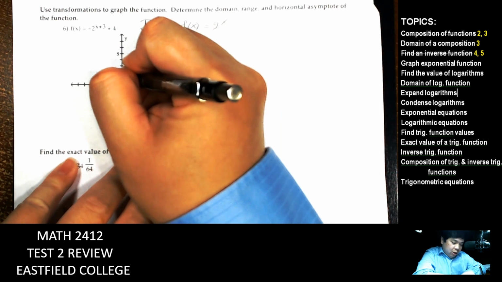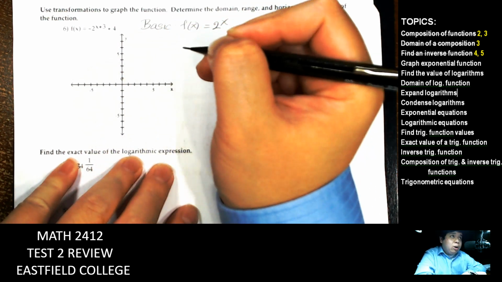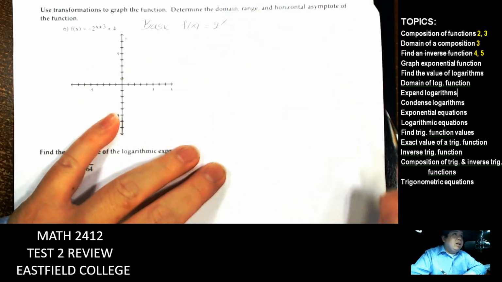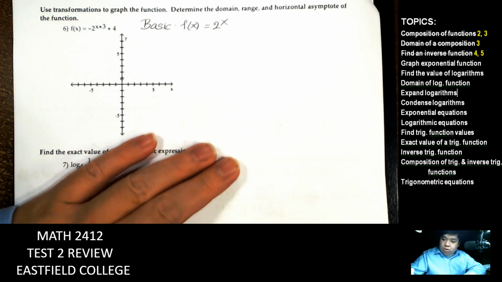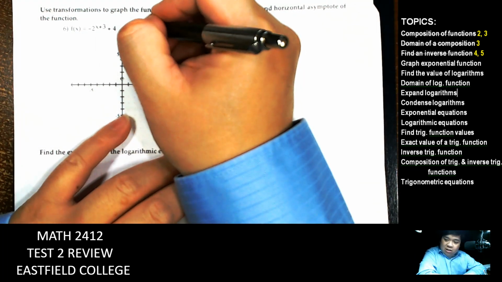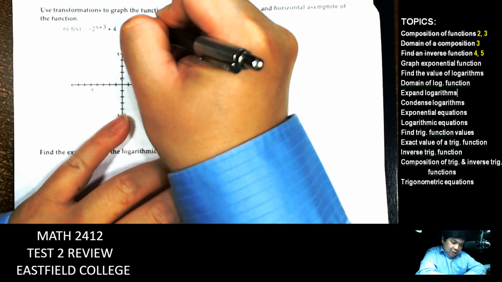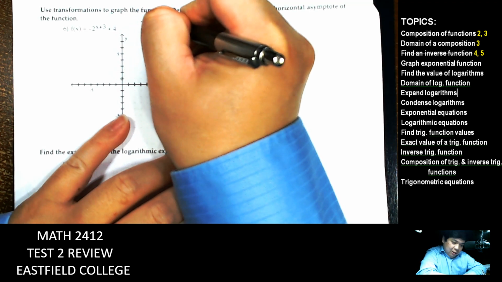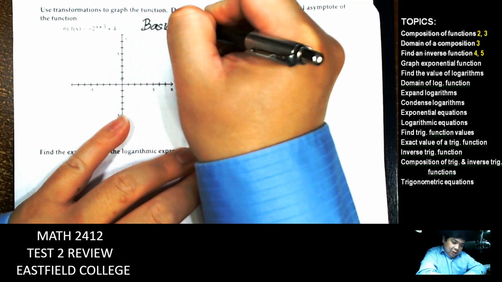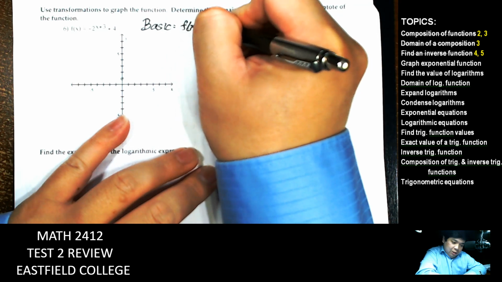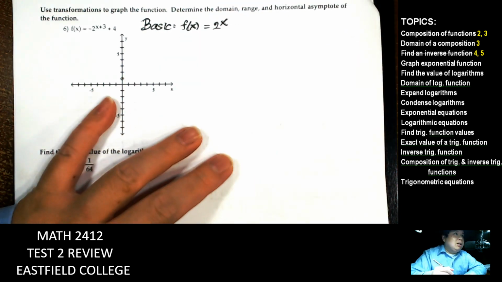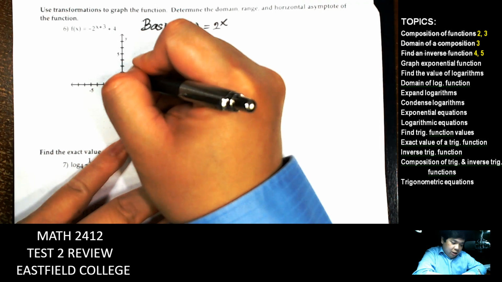The first one, it will go to this point 0 and 1, and the horizontal asymptote. Sorry, I should not use pencil. So yeah, that the point 0 and 1.